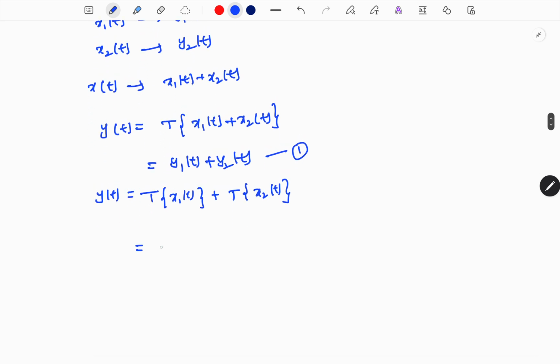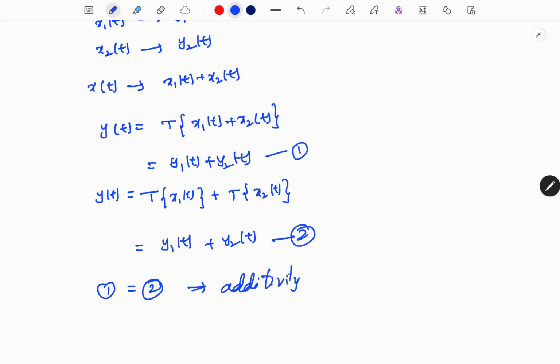Then we will get y1 of t plus y2 of t, which is equation 2. If equation 1 is equal to equation 2, then the additivity condition is satisfied.